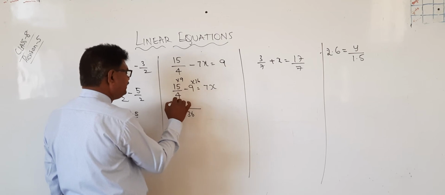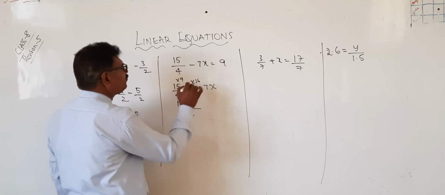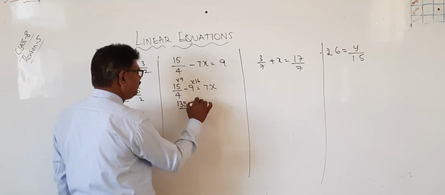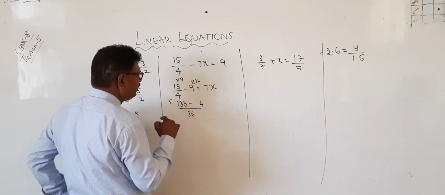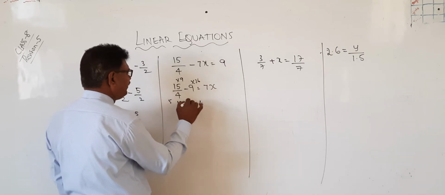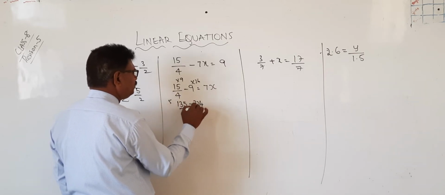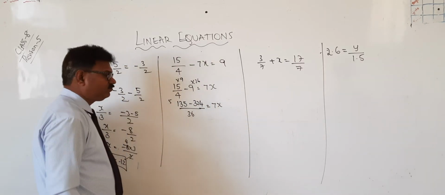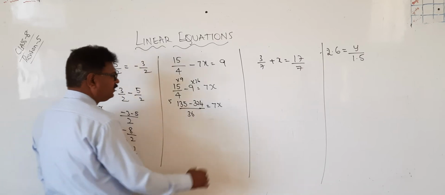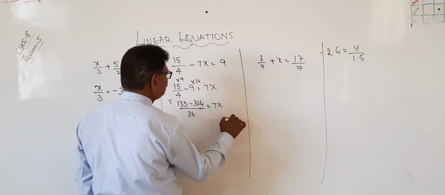So 15 times 9 is 135 minus 36 is 54. 9 times 6 is 54. 9 times 3 is 27. 32 is equal to 7x.